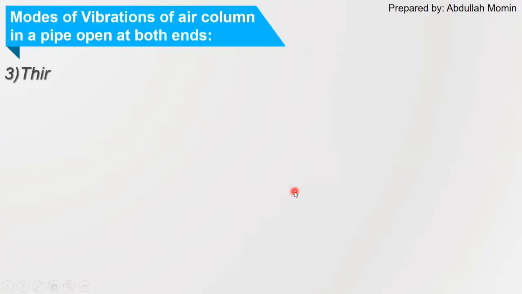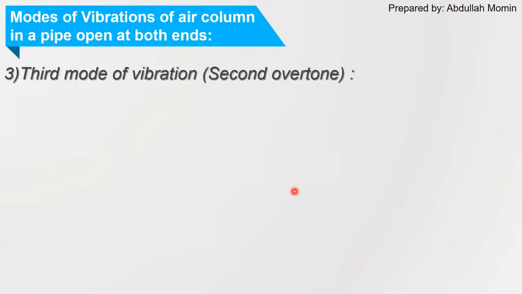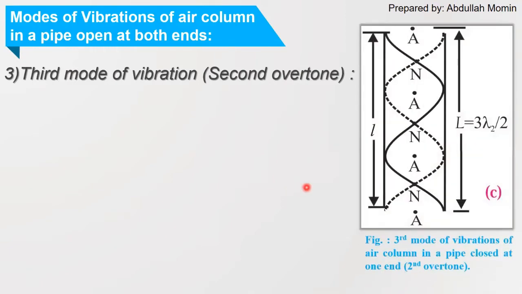Now, the third mode of vibration of an air column which is open at both ends is also called the second overtone. When this air column produces sound the third time, we get 4 nodes and 3 antinodes.